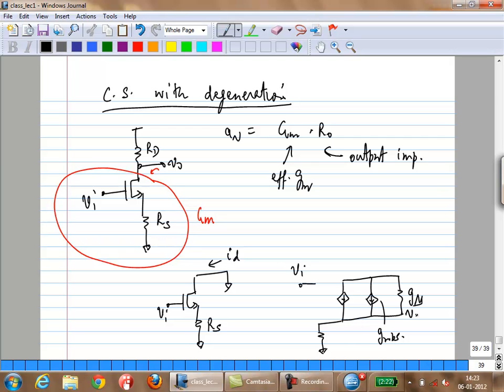I'm going to call this VS, GMBS VS. Again, let's write down what VGS, what VBS is and so on.